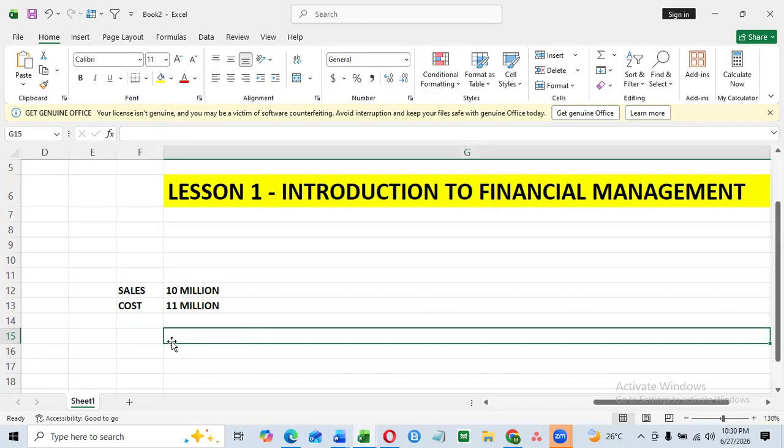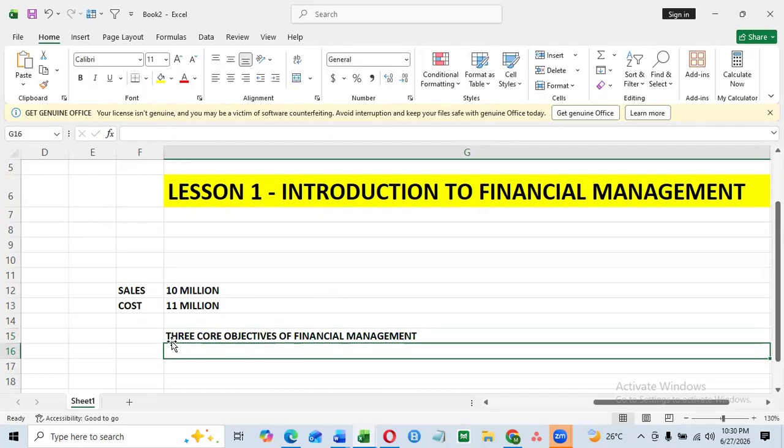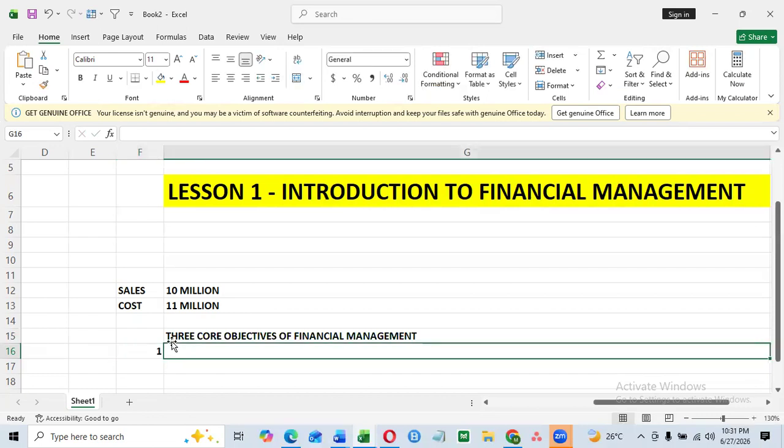There are 3 core objectives of financial management, and I want you to write it down. The first objective is profit maximization.